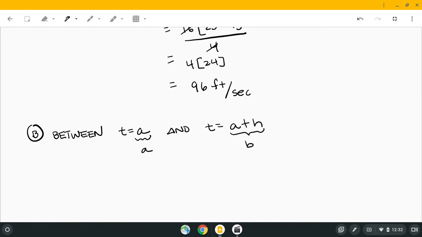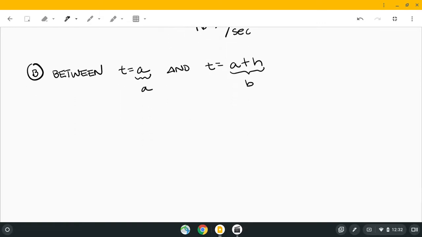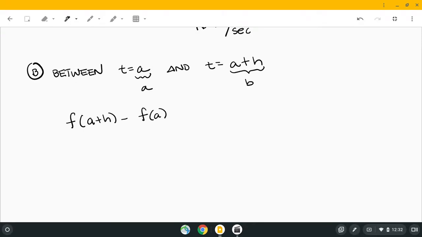Okay, so go ahead and see if you can find that. If you're like, I still don't get it, here, try finding this. f of a plus h minus f of a all over a plus h minus a. Okay, so that's just your f of b minus f of a all over b minus a. Okay, go ahead and give that a try. If you're completely lost, just follow along.